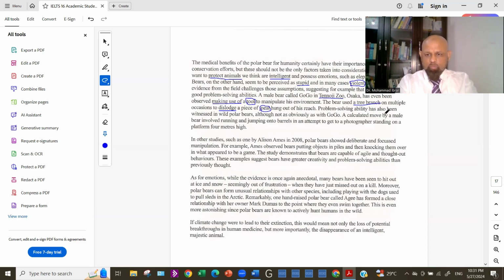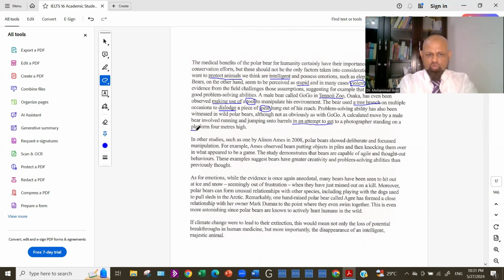So problem-solving ability has also been witnessed in wild polar bears, although not as obviously as with Gogo. A calculated move by a male bear involved running and jumping onto barrels in an attempt to get at something, to reach something, to get hold of something, a photographer standing on a platform.